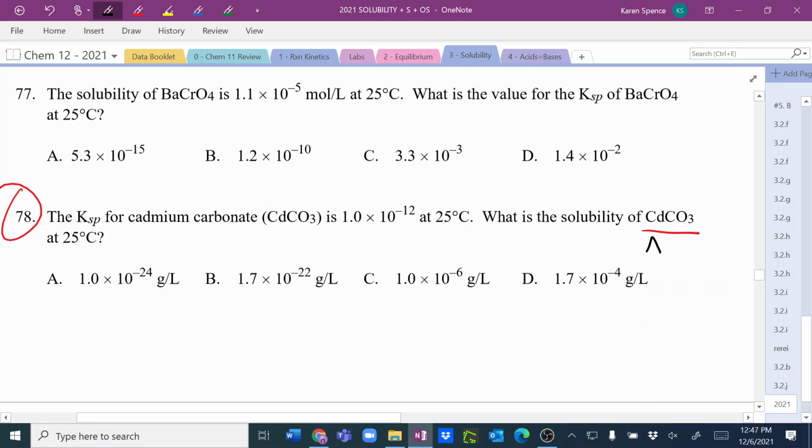We have an AB salt, which means that it is a 1-to-1 ratio. And if you have a 1-to-1 ratio, KSP is going to equal x squared, where x is the solubility.